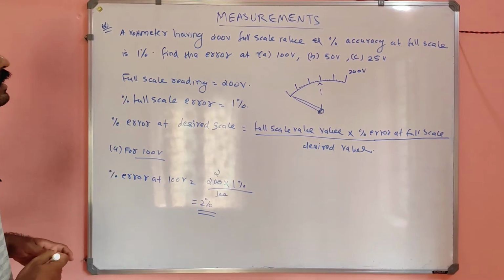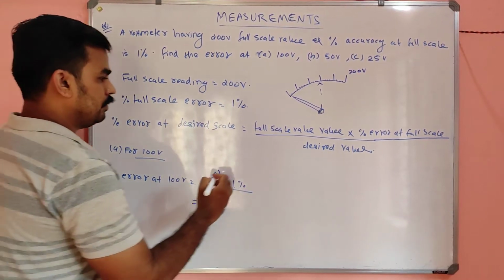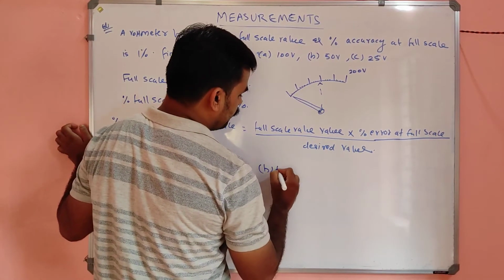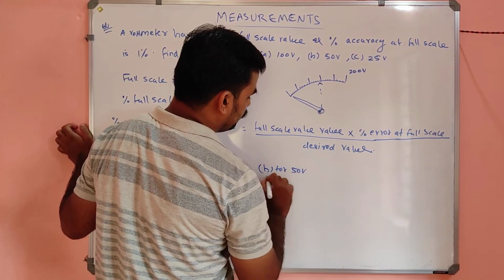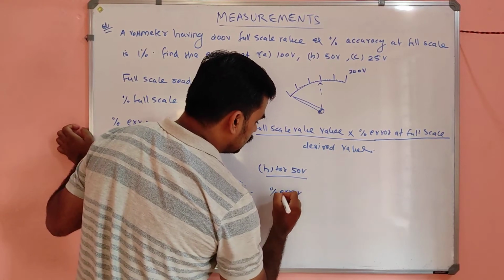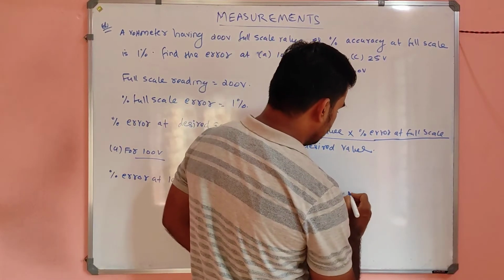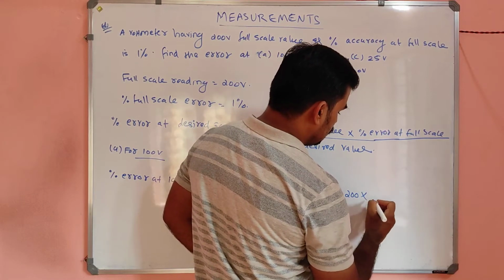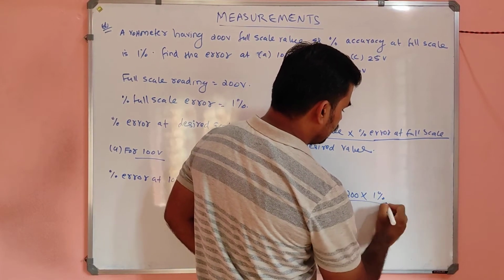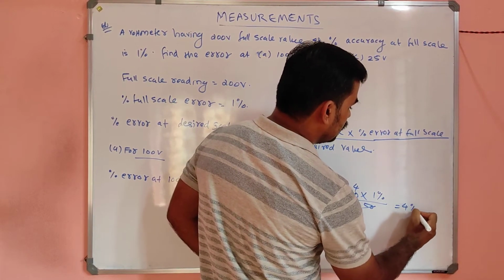Next, for 50 volt, how can we find that? Percentage error at 50 volt will be equal to what? Full scale reading again into full scale error divided by 50. So it becomes 4%, my dears.